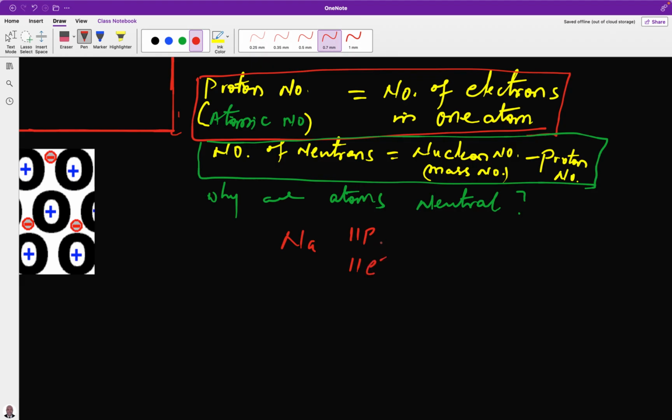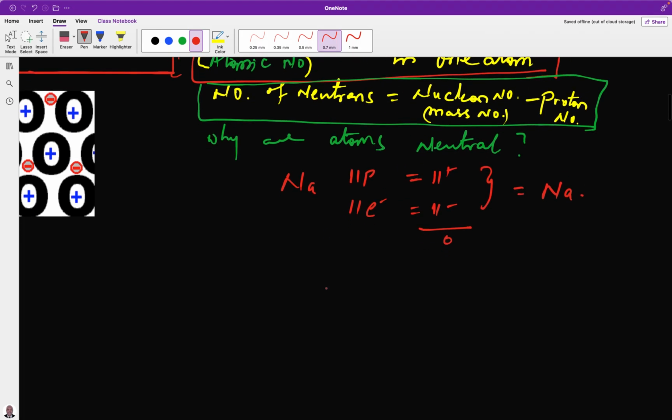Protons are positively charged, so we have 11 plus. Electrons are negatively charged, so we have 11 minus. What will be the total? We add all this, it will be 0. Therefore, it is a neutral sodium atom.